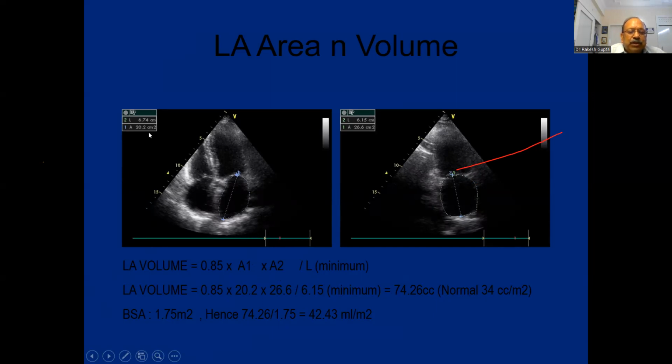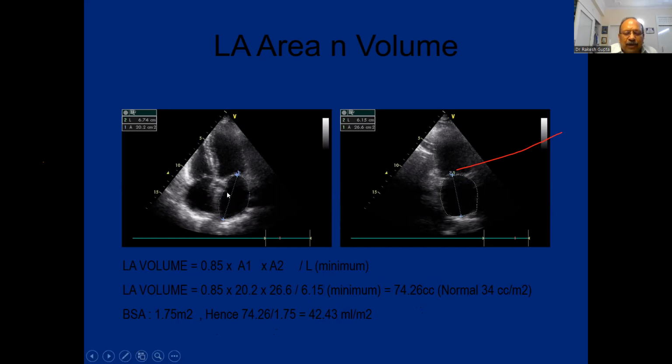Here the area is 20.2. 0.85 into 20.2 into 26.6, and the shortest length is 6.74 versus 6.15. So we divided by 6.15, and that gives you 74 ml of LA volume. And this 74 ml, when divided by body surface area, gives you 42 ml per meter squared, the indexed LA volume.